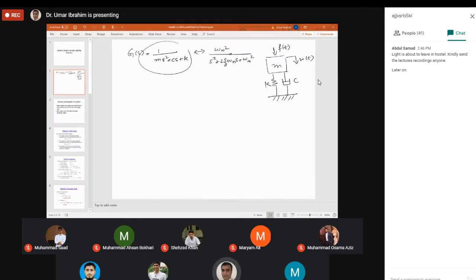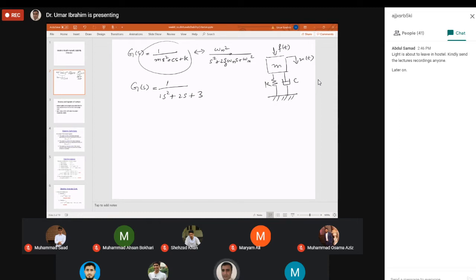Now, if we have this transfer function, let's suppose the numerical values are mass is 1, C is 2, and K is 3.